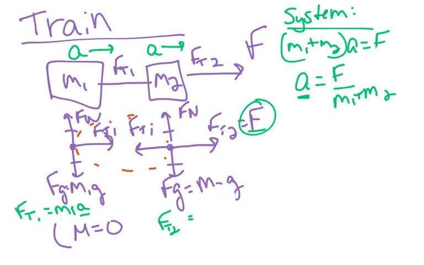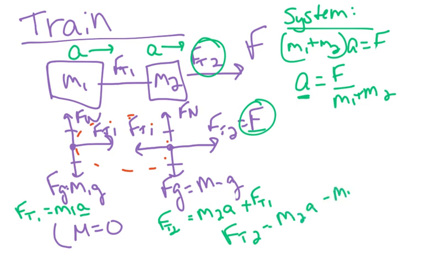Oops, I erased a little bit. The acceleration of block 2 plus the tension 1, because this is the total tension for both blocks. Tension 1 was equal to M1A, so I can plug that in if you want to see it broken down into an equation that's usable.